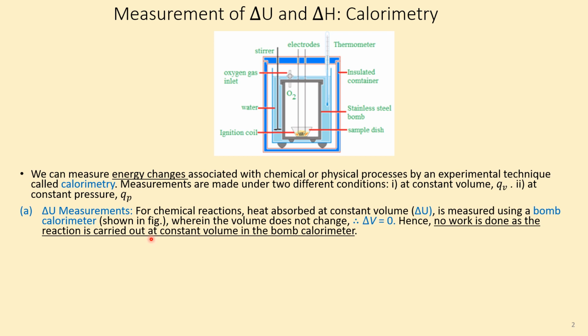It uses a strong cylindrical bomb, which is the central part of this bomb calorimeter, and in which combustion occurs. So combustion occurs in the central part, that is, a stainless steel bomb shown in the figure.